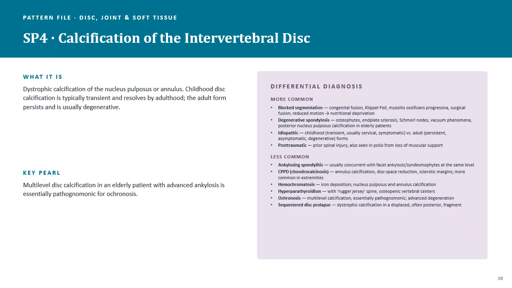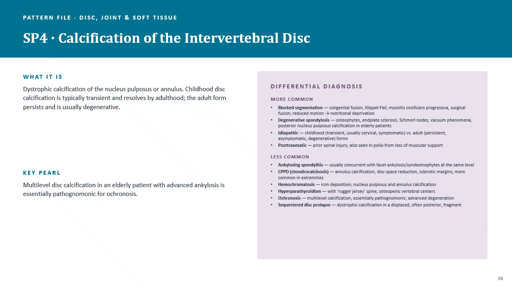Now, there's several diseases here on the slide, but again, we're not trying to memorize all of these. It's a lot to try and remember, but I do want you to pay attention to how many discs are actually involved and also what you're actually seeing on the image. So one important example is ochronosis.